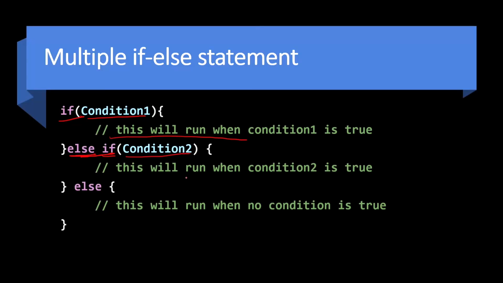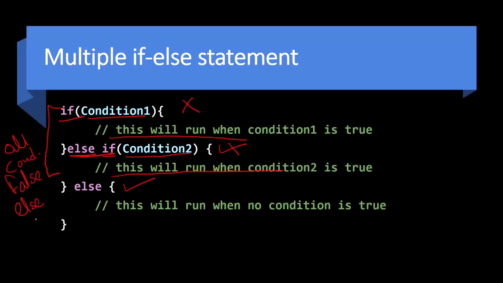If the first condition is false and the second condition is true, then it will run this piece of code. And if both of them are false, then we have the else block, which always runs if all conditions are false.